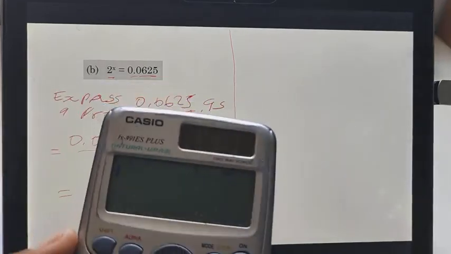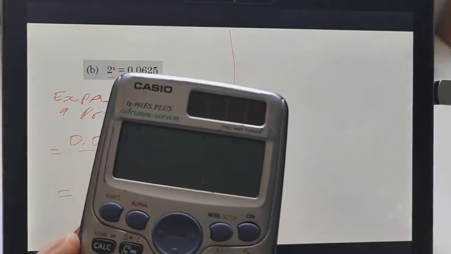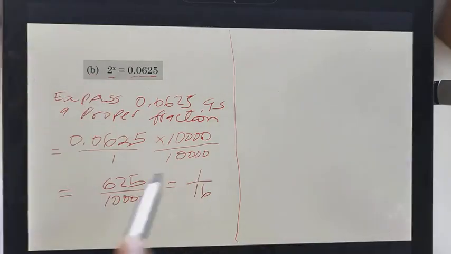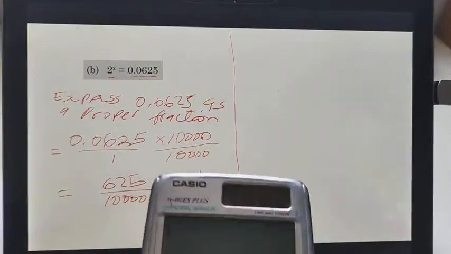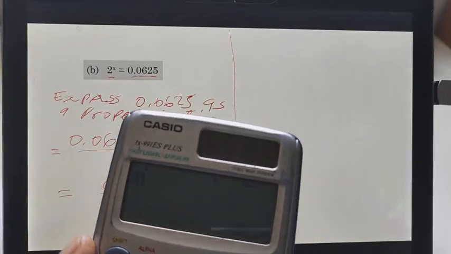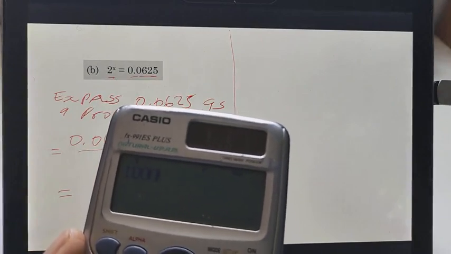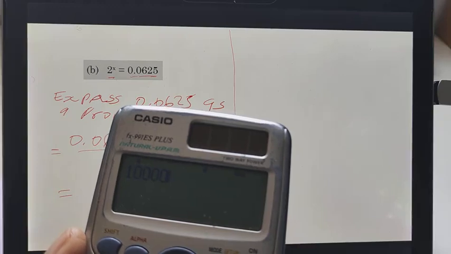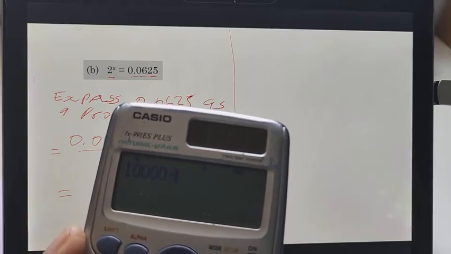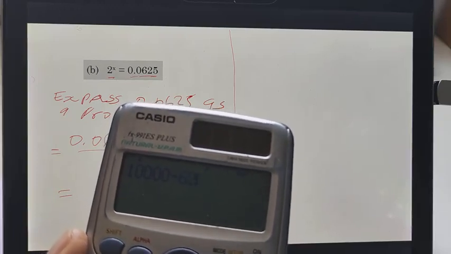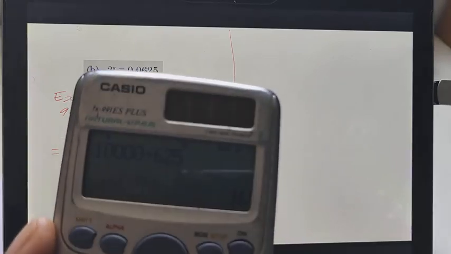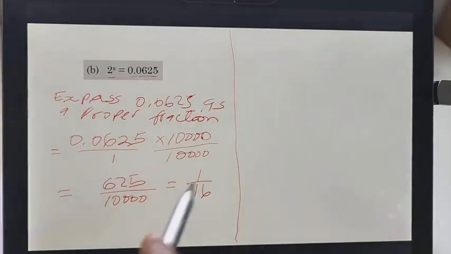Okay, let's show it. 625 into 625, we know it's 1. 625 into 10,000, so let's have 10 to the power 4, 10,000 divided by 625. You have the answer 16. So it's 1 over 16. Then we have simplified that fraction.